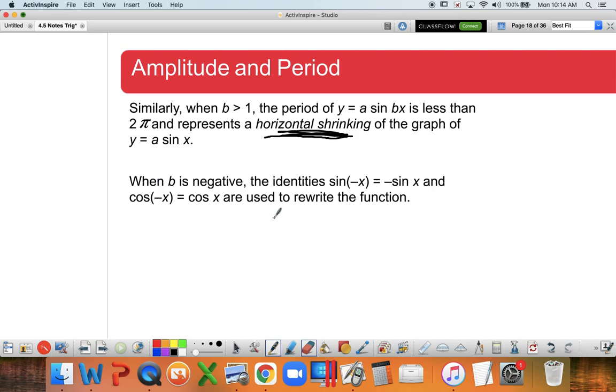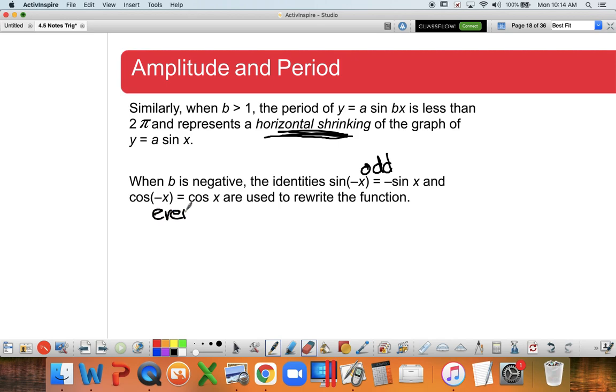When b is negative, you'll say, well, what happens if I have a negative inside the parentheses, a negative attached to the x value? Well, really what that does depends on the curve, right? The sine of negative x is negative sine x. That's just reminding me that sine is an odd function. Whereas the cosine of negative x is still cosine x.